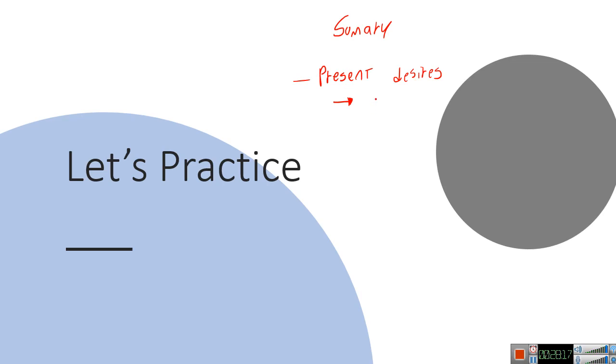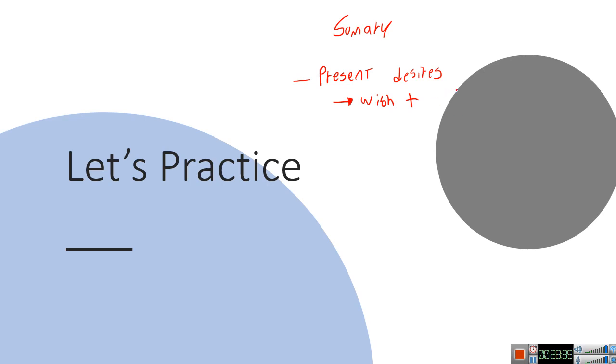I use wish, but I'm asking what is the tense that we use?